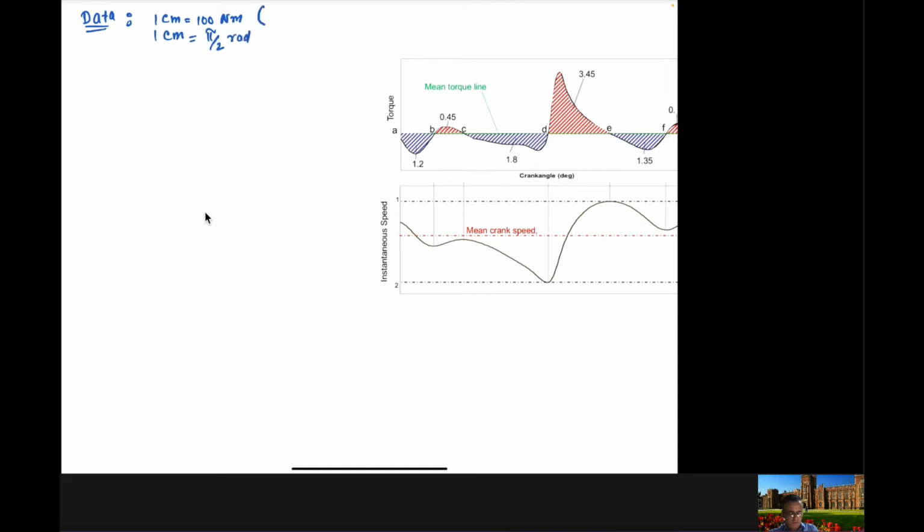So this is our y-axis, and this is our x-axis.